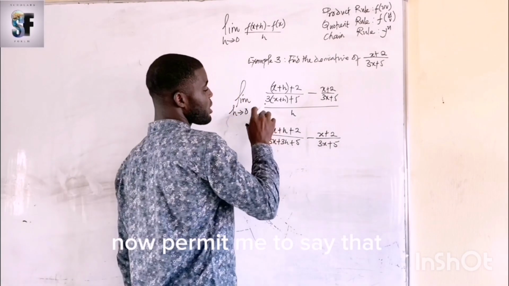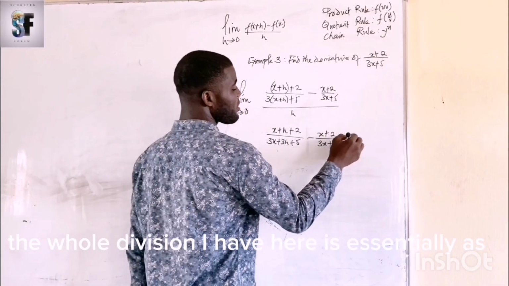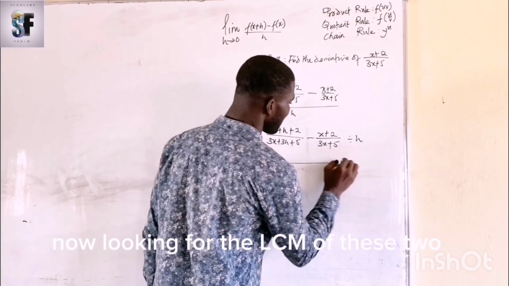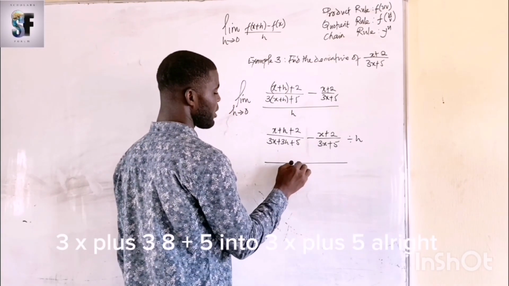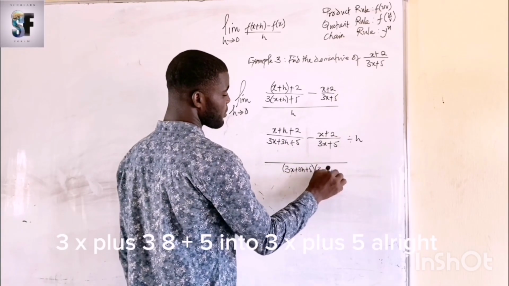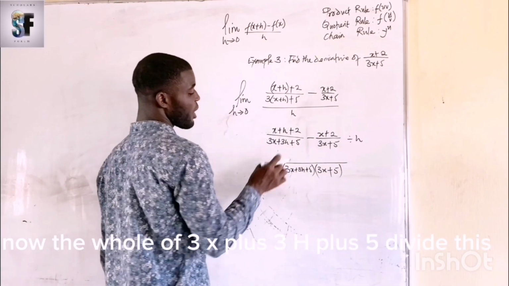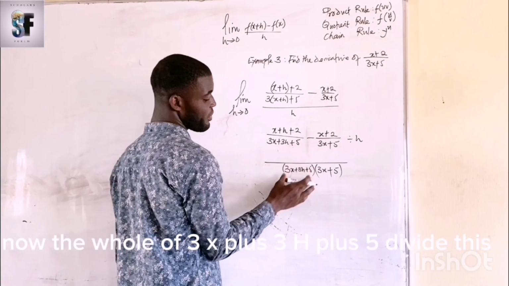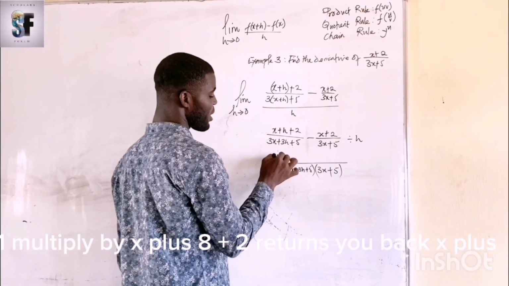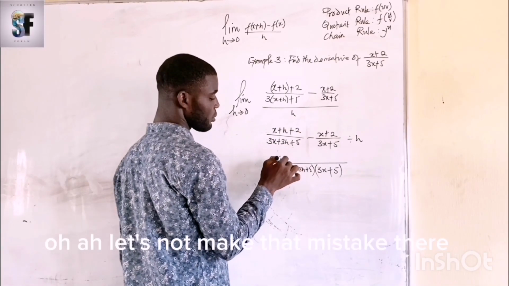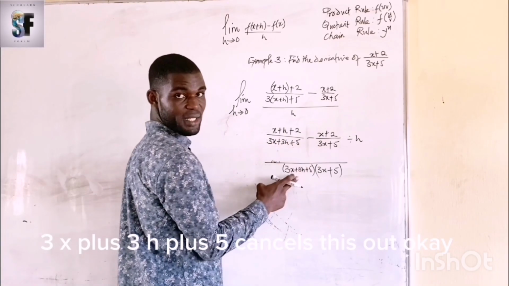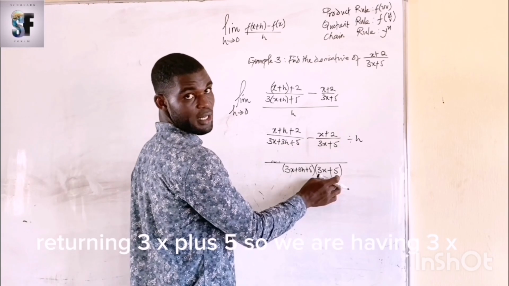Permit me to say that the whole division I have here is divided by h. Now, looking for the LCM of these two, I'll end up having 3x plus 3h plus 5 into 3x plus 5. Now, the whole of 3x plus 3h plus 5 divides this, here's your 1. 1 multiplied by x plus h plus 2, let's not make a mistake here. 3x plus 3h plus 5 cancels this out, remaining 3x plus 5.